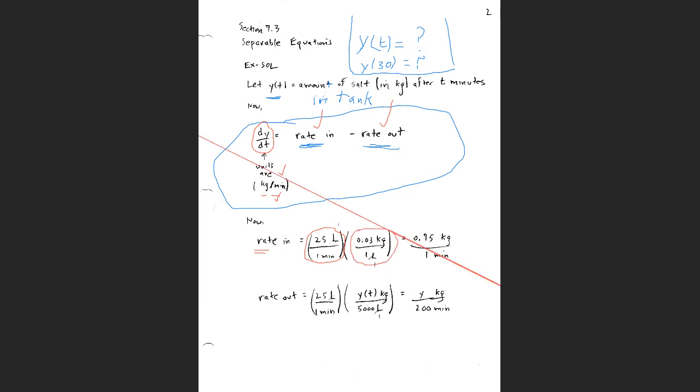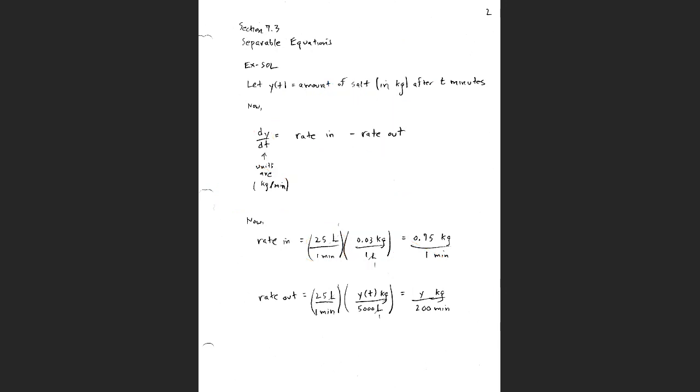Now when I do that, notice that the liters simplify, and I'm going to have 0.75 kilograms per minute. That's the rate at which the salt is entering the tank.